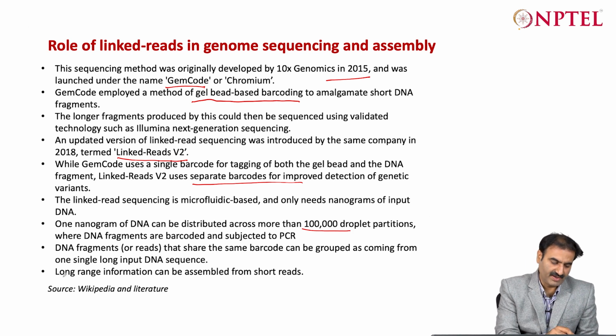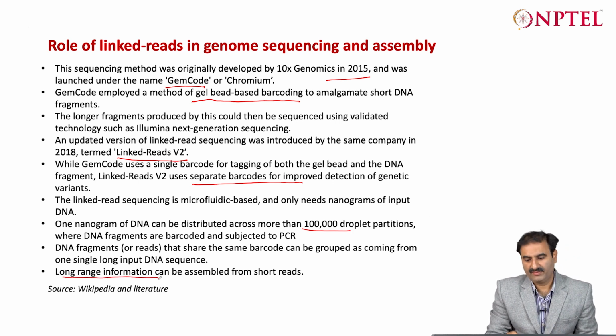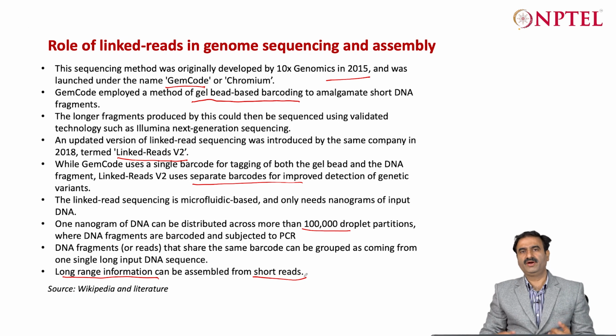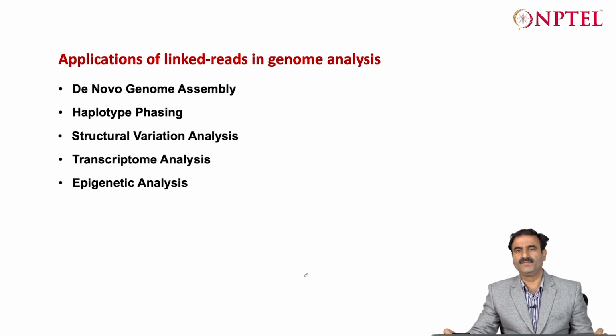Basically this can help you to generate long range information from short reads, and that is why it is called linked reads. It has several applications, for example de novo genome assembly, which we will discuss. It can be used for bacterial assembly and for eukaryotic assembly.